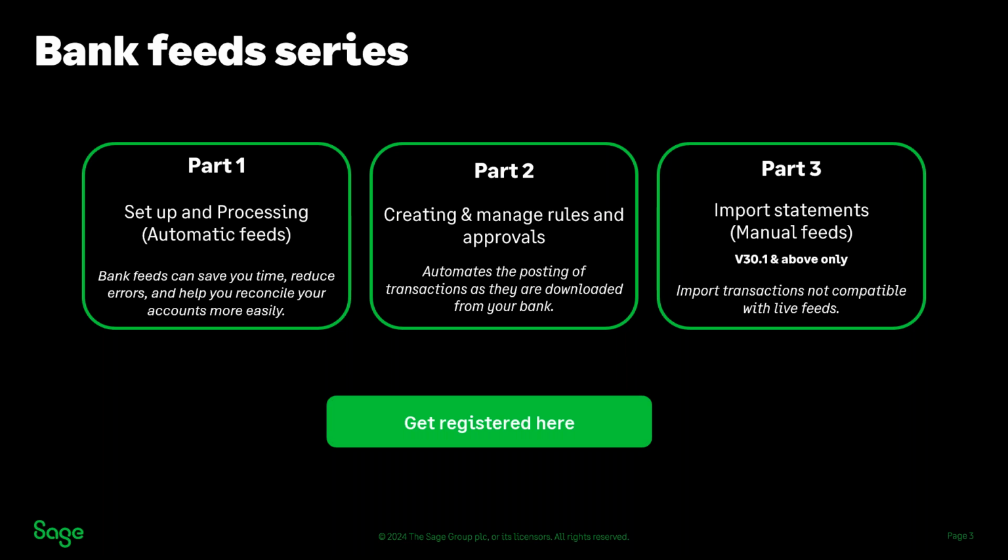Part 2 fits into both automatic feeds and manual feeds, and it's all about creating and managing rules and approvals. Today we've got part 3, which is manual feeds, and this is only available in version 30.1 and above. If you are looking to upgrade to that version, then you will get access to this feature.